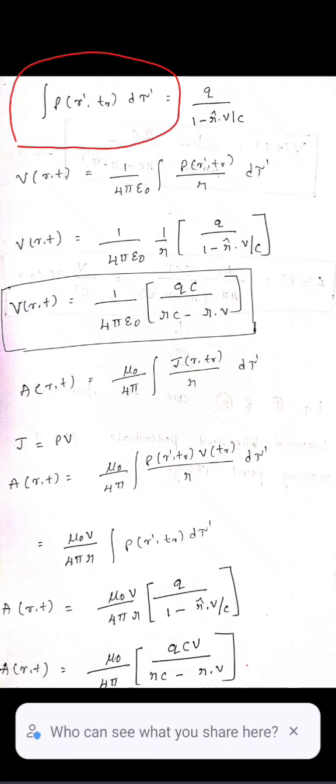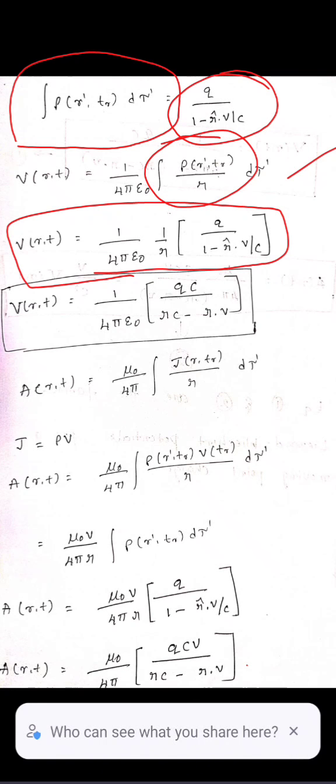The factor 1 over 1 minus r cap dot v by c gives the correction for the charge. So we substitute this value of the integral into the retarded scalar potential, and it gives this result.